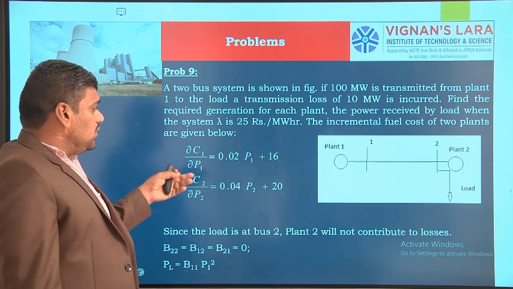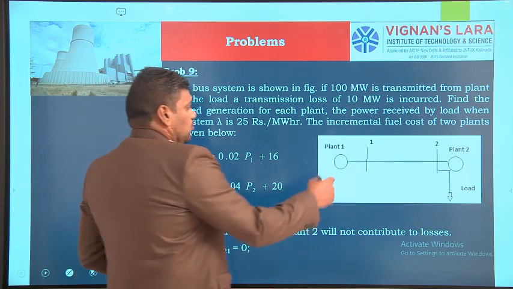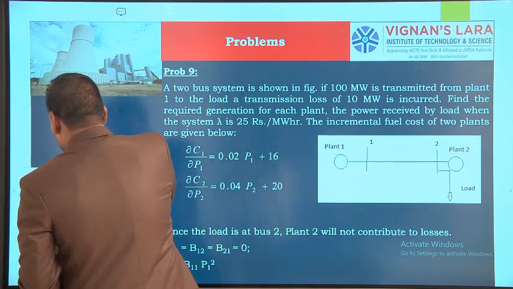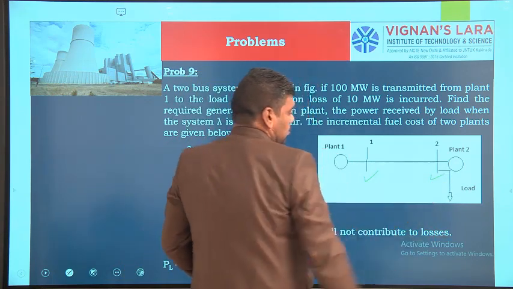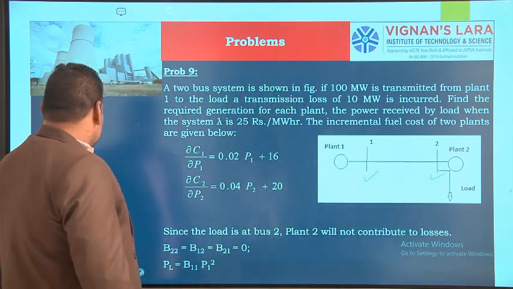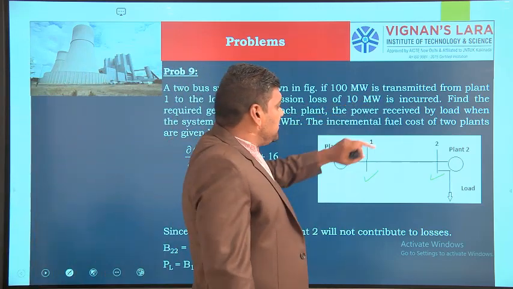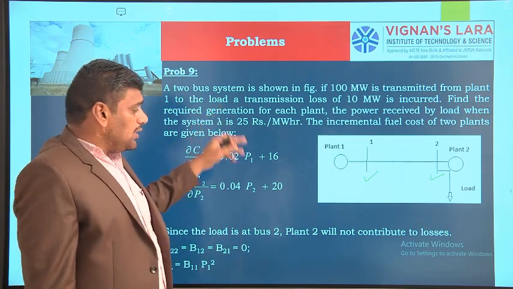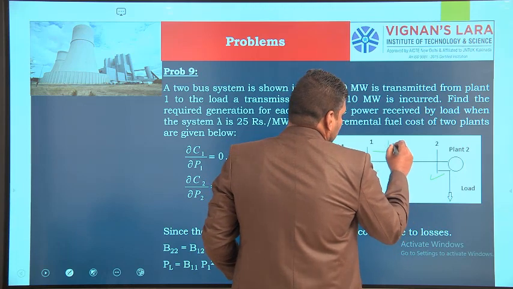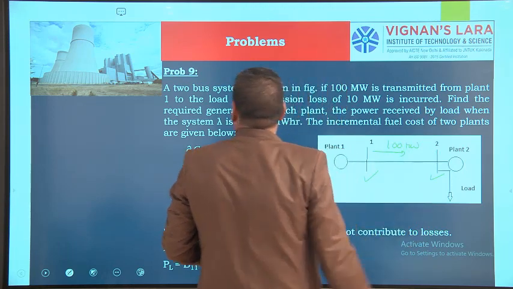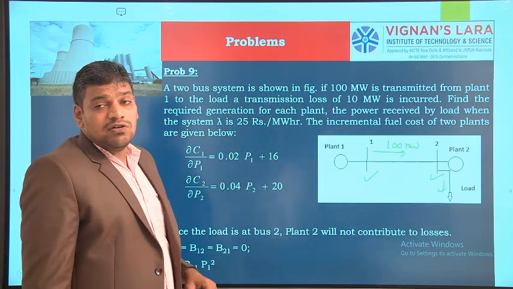A 2-bus system is shown in the figure. This is bus 1, this is bus 2. If 100 megawatts is transmitted from plant 1 to the load, a 10 megawatts loss is incurred.